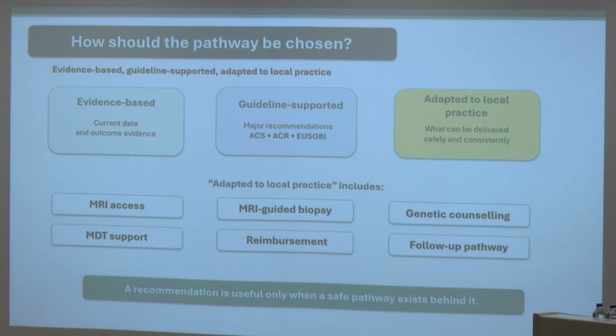How should the pathway be chosen? We always need it to be evidence-based, guideline-supported, and adapted to local practice. Evidence-based means current data and outcome evidence, and guideline-supported means the major recommendations like the American Cancer Society, the ACR, the USPSTF, and even the European directive, which gives the final support and the final decisions.